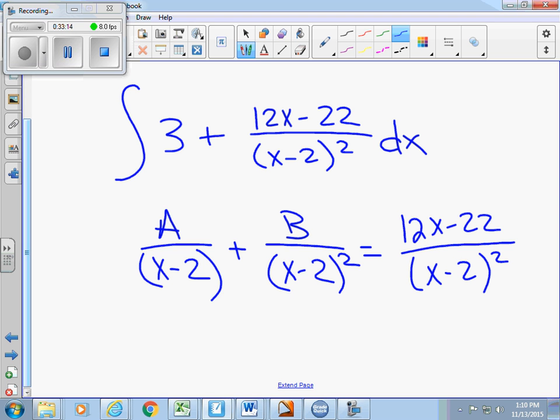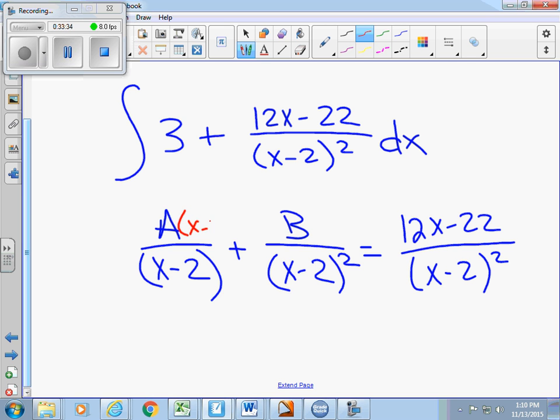Why is that helpful? Then they will both have an x minus 2 with them when I multiply by x minus 2. So the only time you do this is if you have a repeating linear factor in the denominator. So an x minus something squared. Or just an x squared.